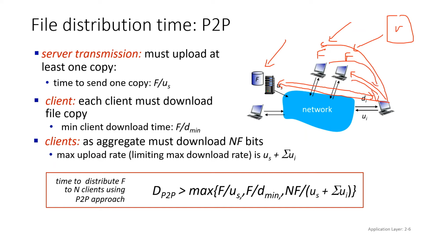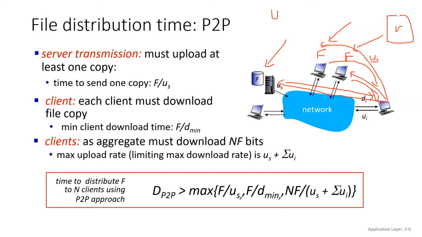And all of these guys have an upload rate, right? Then you do the addition of the upload rates to see the time you'll take to get the file. Given that their upload rate is equal to your download rate, right?